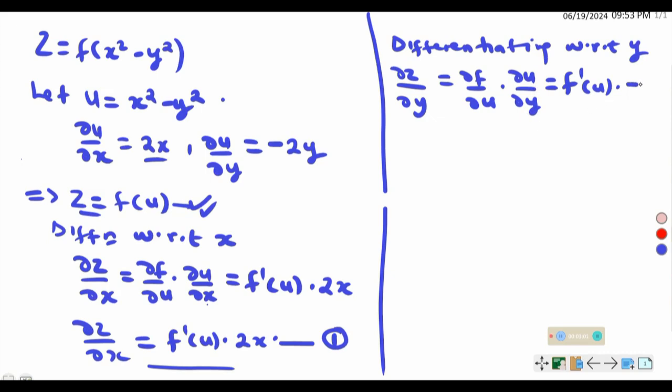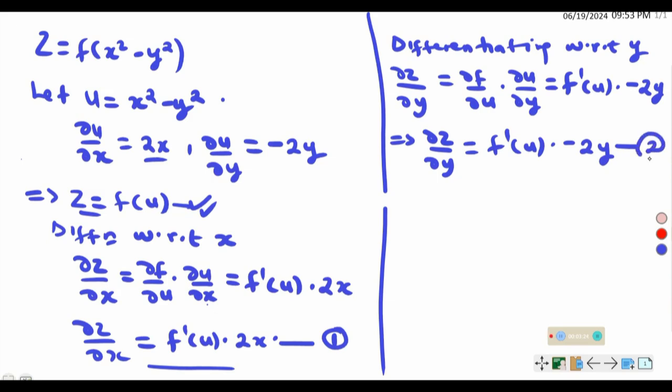Del u del y, we have seen clearly that it is negative 2y. So this implies that del z del y is actually same as f derivative of u times negative 2y. We can as well call this one equation number 2.